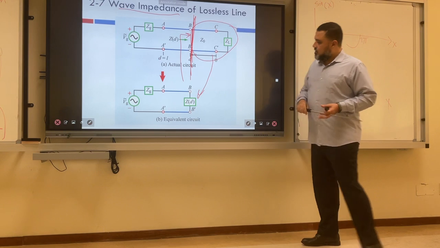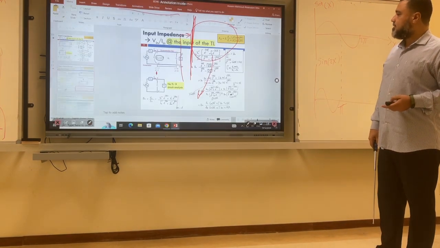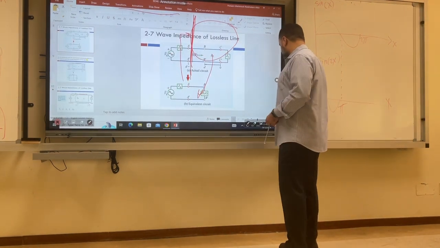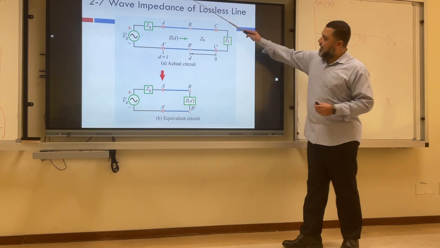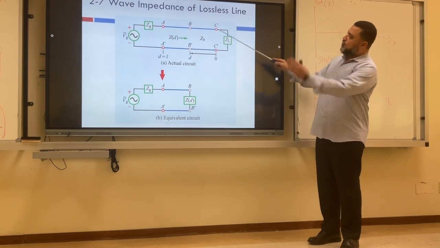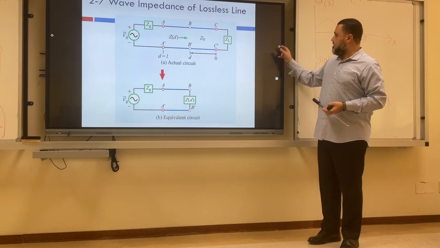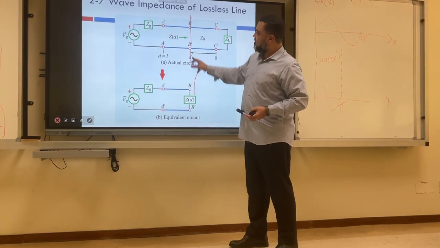What is the definition of this impedance? At point B, I will remove the whole thing and replace it by ZD. What is ZD here at this location?